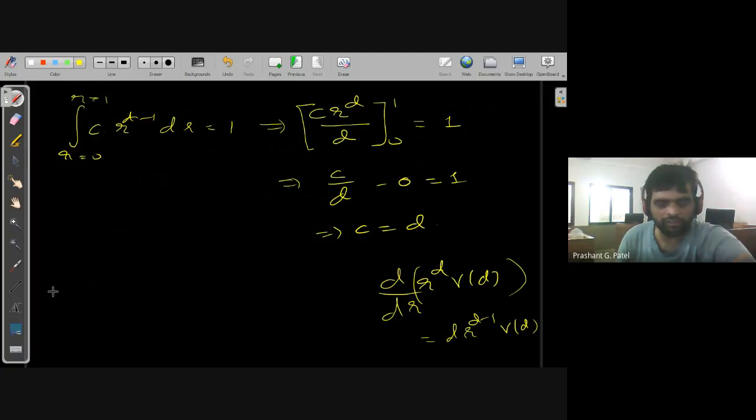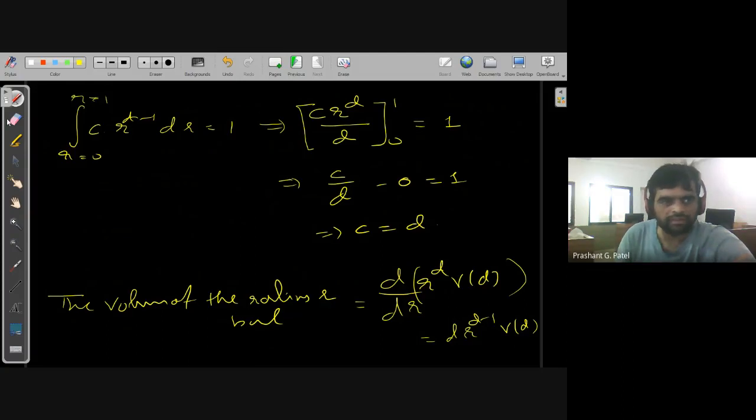It is the volume of the radius r ball in d-dimensional space.